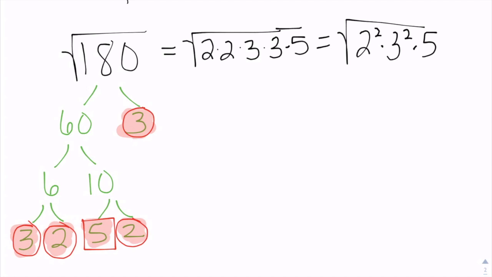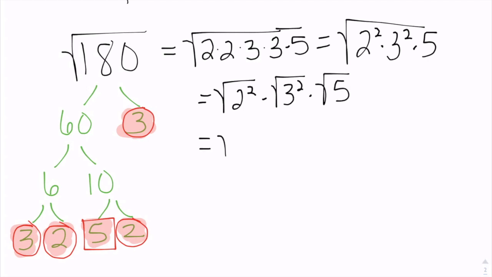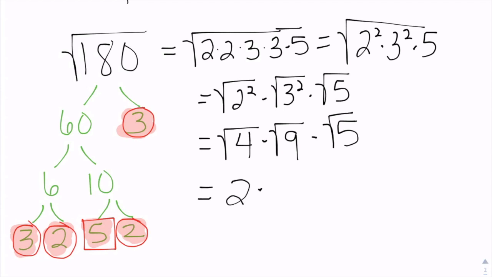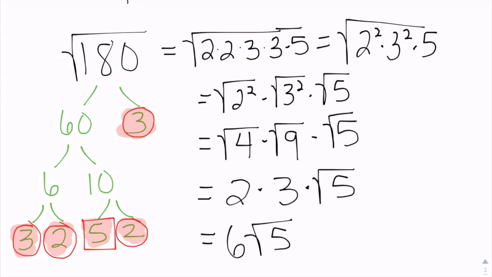And then we could break that up further and make it the square root of 2 squared times the square root of 3 squared times the square root of 5, which then gives us the square root of 4 times the square root of 9 times the square root of 5. And the square root of 4 is 2, the square root of 9 is 3, times the square root of 5, which isn't a nice whole number. So that ends up giving us 6 square root of 5 as our final answer.